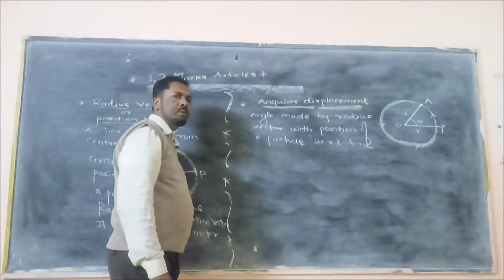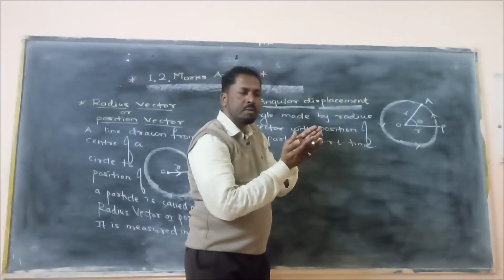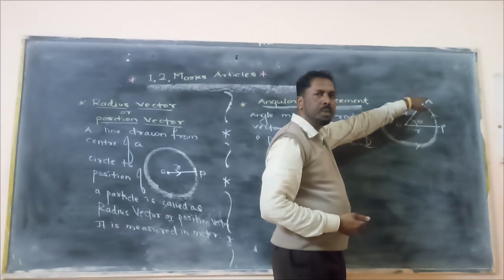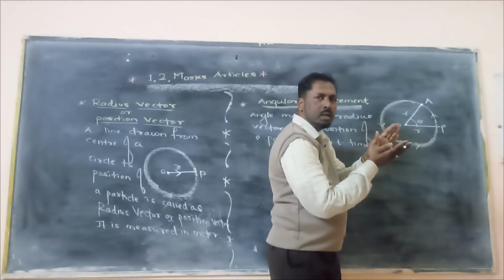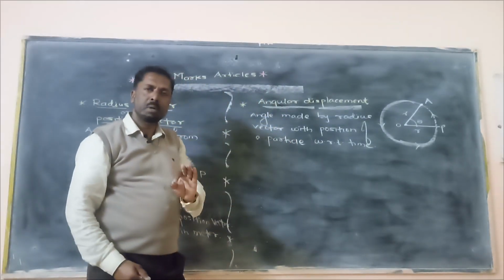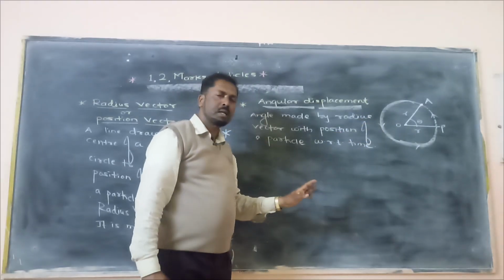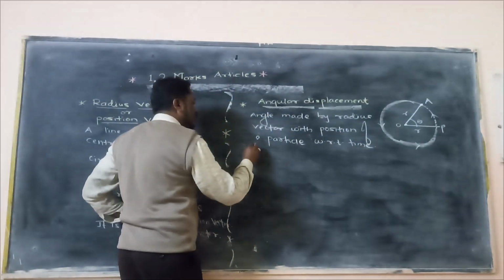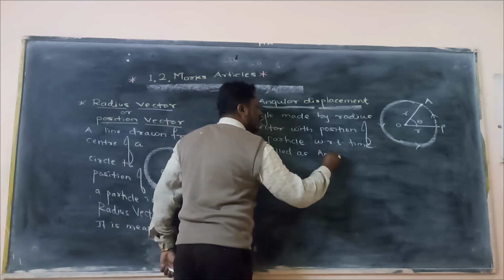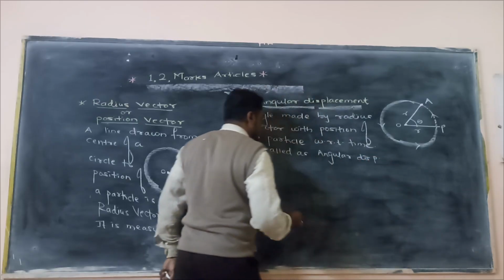With increase of time, P is moving from P to point A, so some angle is made there. So the angle made by a radius vector with the position of a particle, with respect to time, is called angular displacement.